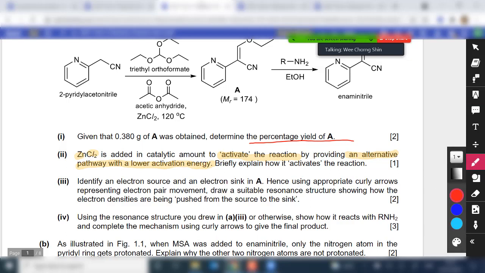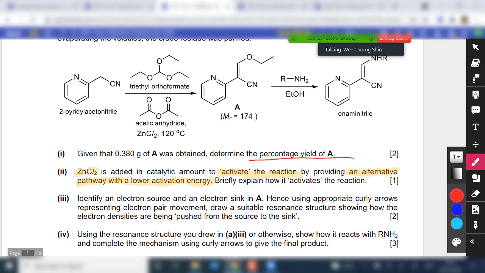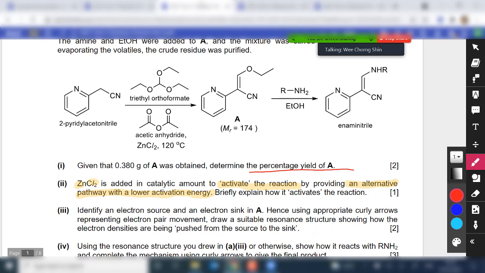So the question already tells you that the purpose of adding zinc is to provide an alternative pathway with a lower activation energy. When you answer, you cannot repeat that statement, because repeating it doesn't help. You have to tell me a little bit more.